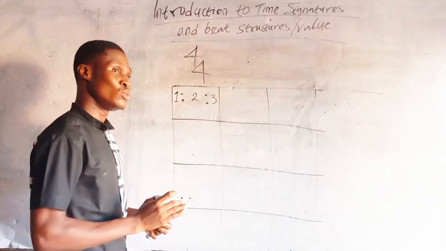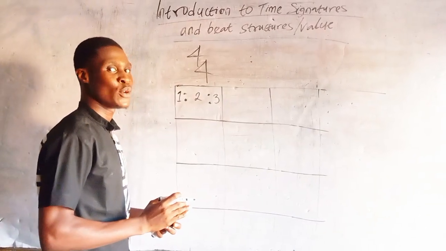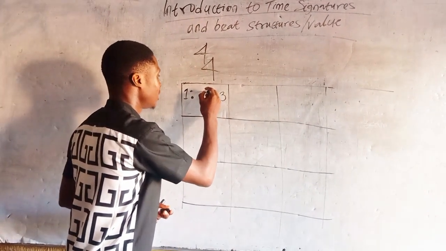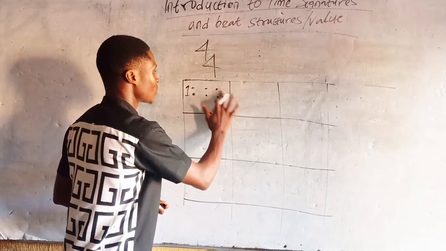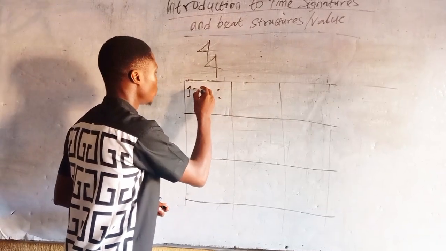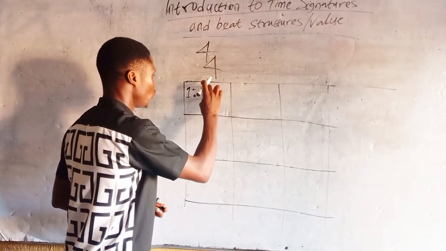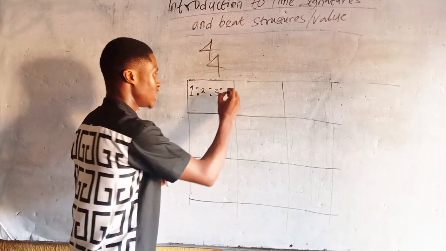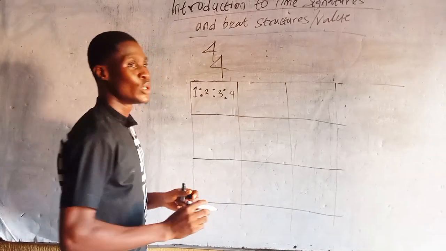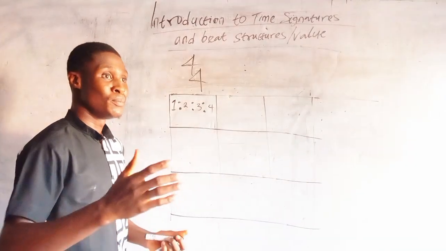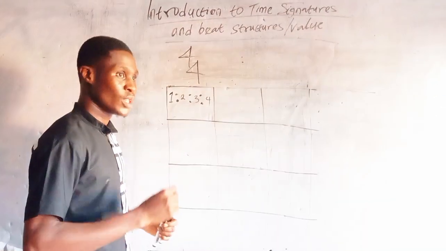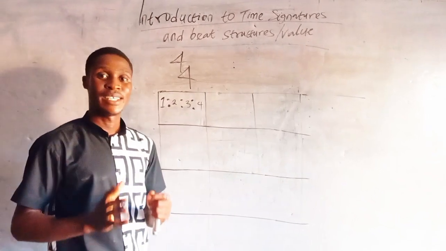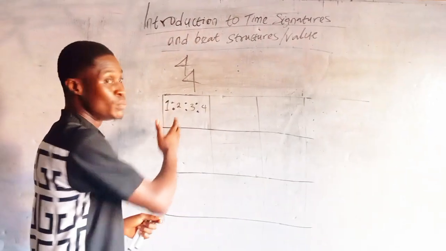So what do we need to do to make it 4? We need to add an extra full pulse mark. So we're going to divide this more. We're going to have 2, because full to full is a full bit. Full to full is another full bit, and this is 4. So by theory or by observation, when we have 3 full pulse marks in a bar, we have 4 bits in that bar.